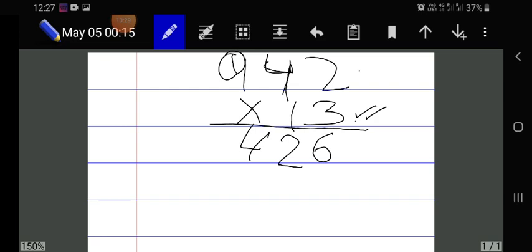So if you multiply 3 with 142, the answer will be 400. Sorry, it's not 900, it's 100. Okay, I wrote it very wrong. That's why. If you multiply 142 with 3, the answer will be 426.